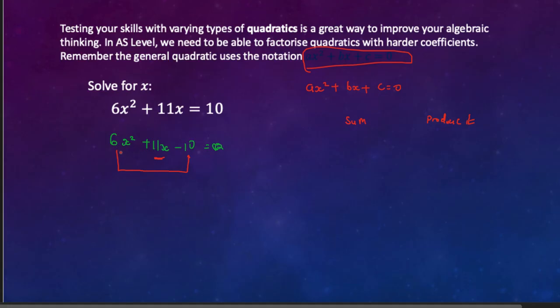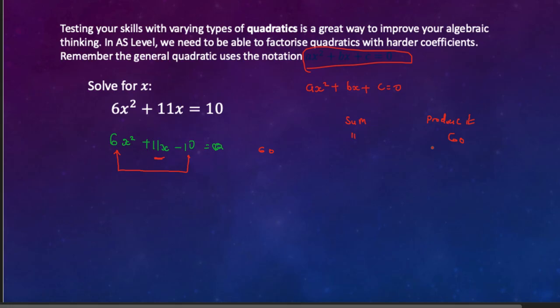Okay? So when we multiply the a with the c, you realize that we shall get negative 60. But the negative can be in our minds right now. And then we start looking for factors. So the product is negative 60, and the sum is 11.